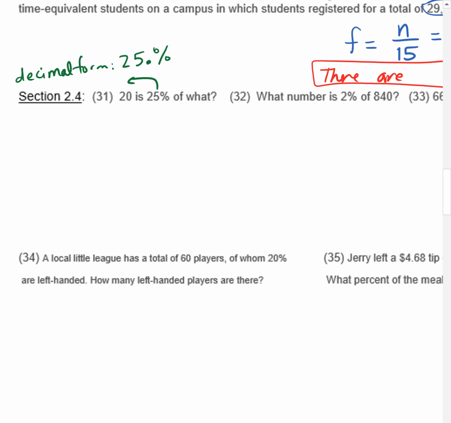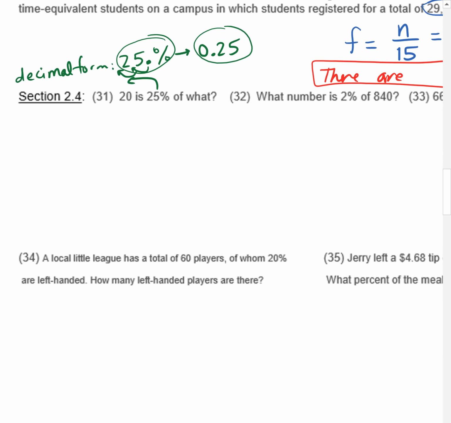If you want to change it to its decimal form, you move its decimal to the left twice. So this translates to 0.25. So this is percent form, 25%. But once I moved the decimal twice, it became 0.25. That's the decimal form. And when you do these problems, every time you see a percent, you're going to want to automatically change it to a decimal to do your algebra.